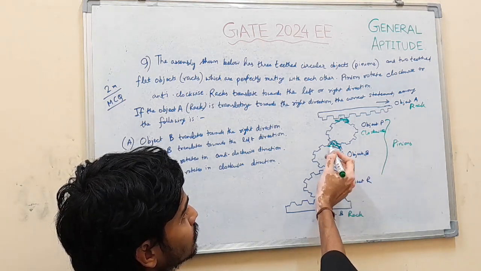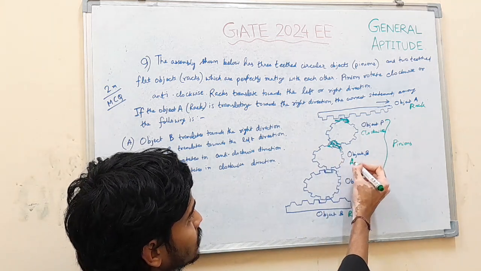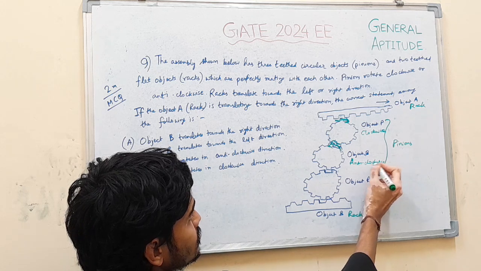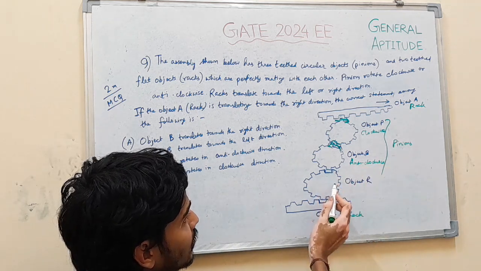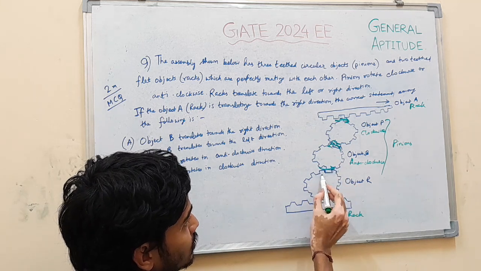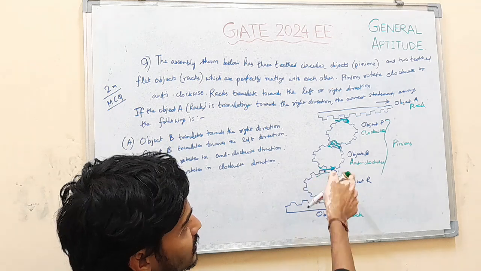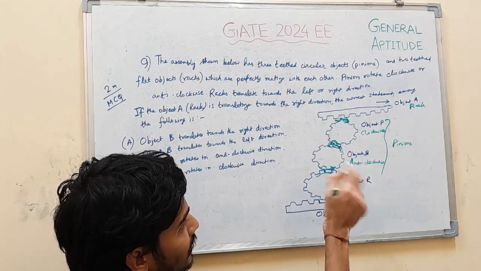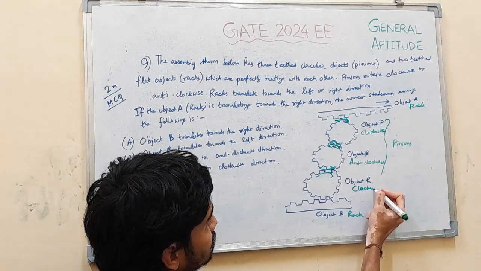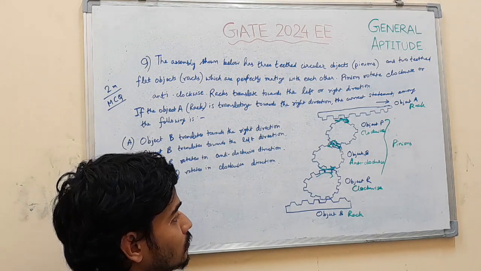Object Q rotates, as you can see, in the anti-clockwise direction. And again, object Q and R are meeting, so this anti-clockwise, with teeth meeting, will make this rotate in this direction. So this will be clockwise.